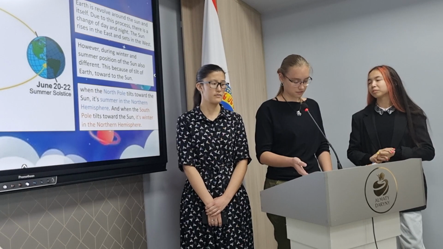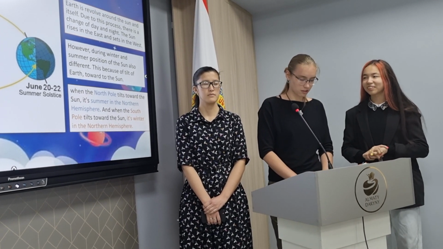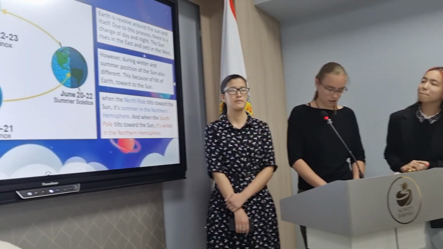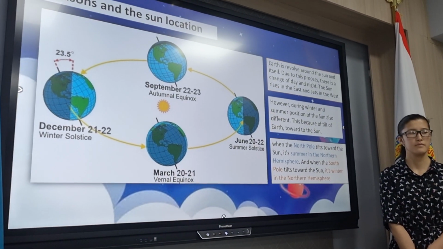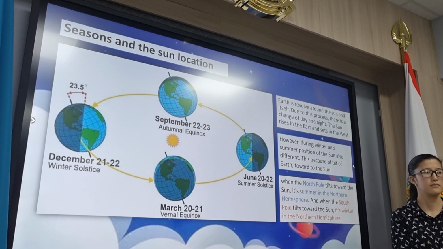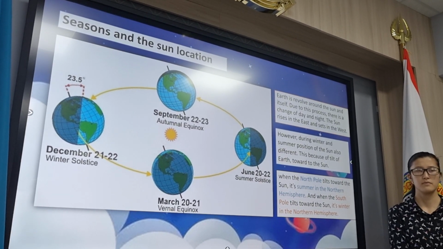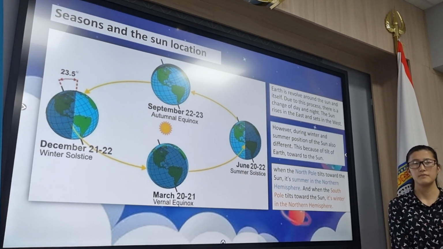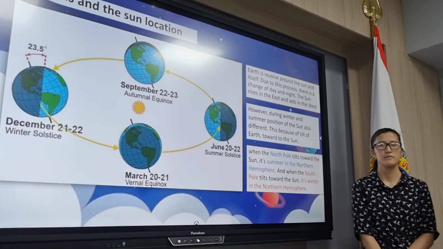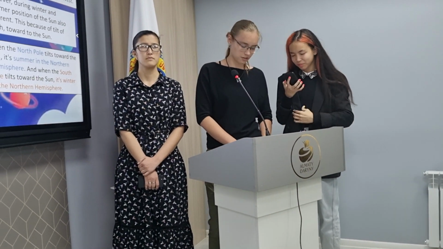Thus the precipitation that falls can't melt. In contrast, in the summer, the sun is overhead, and all the sun's rays fall to the earth, heating it. In addition, when the North Pole tilts towards the sun, it's summer in the Northern Hemisphere, and when the South Pole tilts towards the sun, it's winter in the Northern Hemisphere.